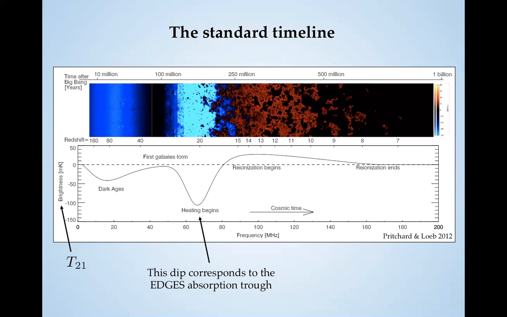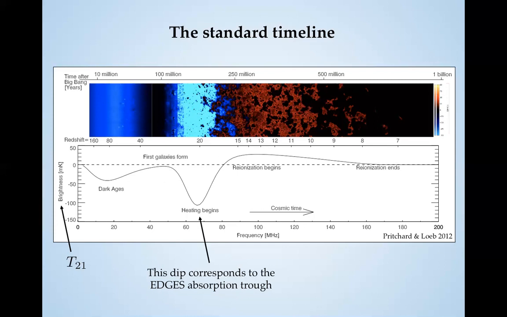During that period, the first stars start to turn on, in the stage that's called cosmic dawn. And that brings to an end the period known as the cosmic dark ages. So cosmic dawn is also when the EDGES dip first starts to appear. This dip here corresponds to the EDGES absorption trough we were just seeing.